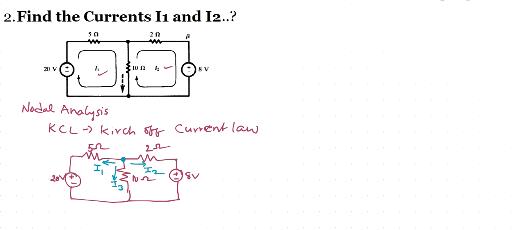According to KCL, the sum of all the currents leaving the junction equals 0. Here there are 3 currents, so the summation from n equals 1 to 3 equals 0.